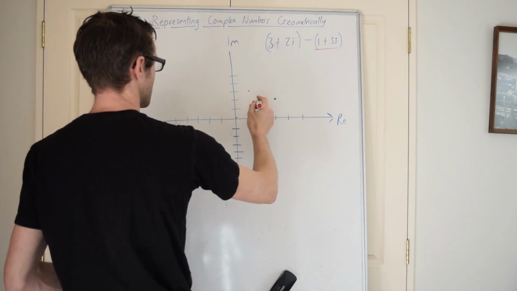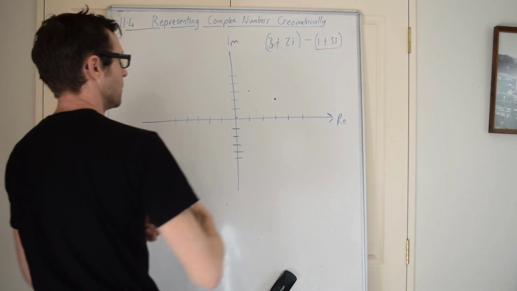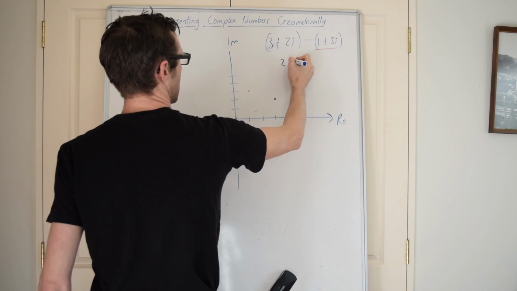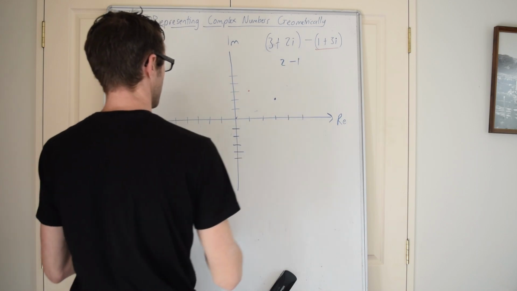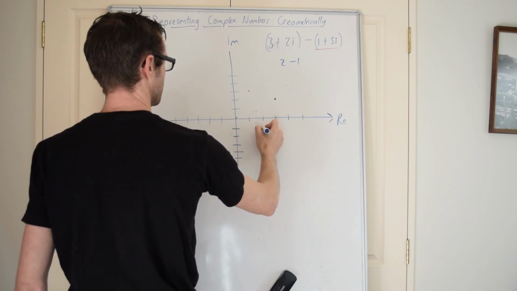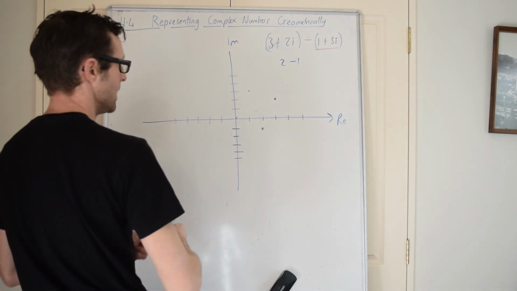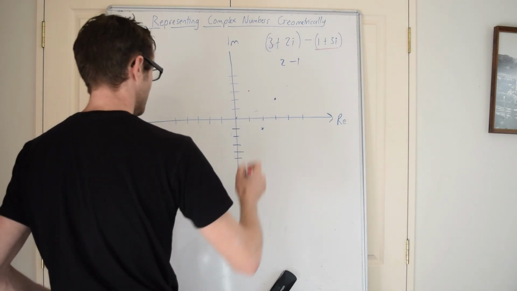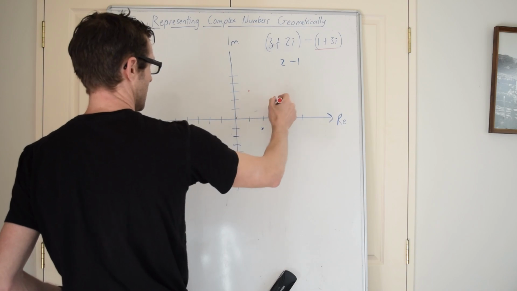But we're subtracting that. So what does this give us overall? It gives us 2 minus i. So we're going to be at 2 minus i. That'll be where we finish. And you can see what's happened here is we are subtracting this here.